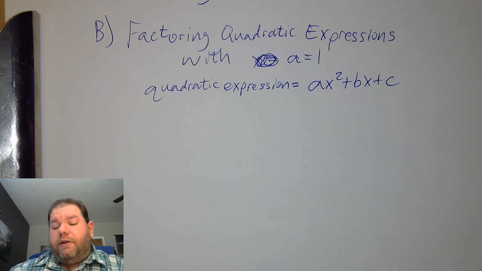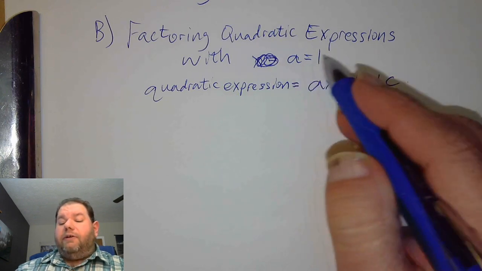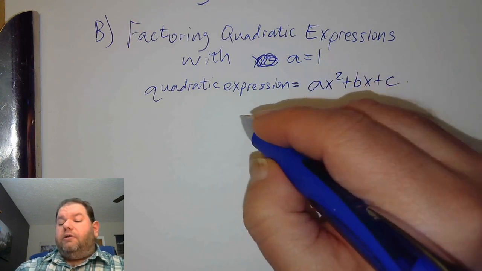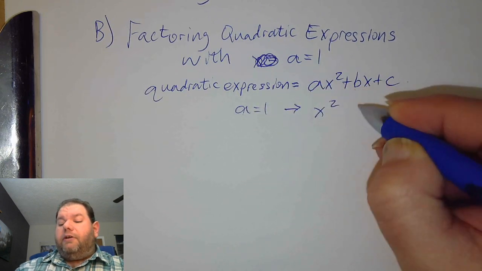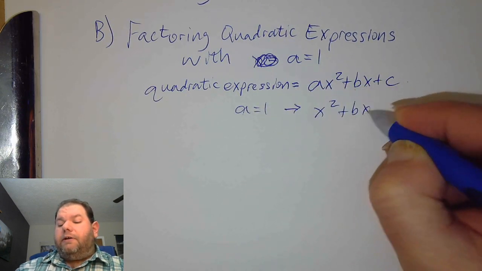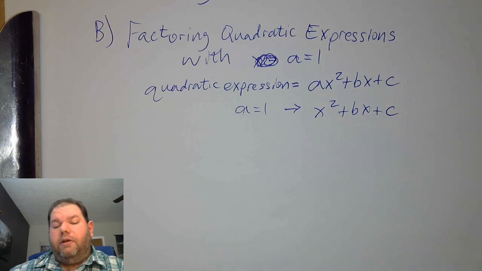We let a, b, and c be placeholders so that we can replace them with numbers when we look at an actual quadratic expression, rather than just this general case here. Now, we said a was equal to 1, so we're going to be looking at x squared plus bx plus c. This tends to be the easier case, so we like to look at it first.